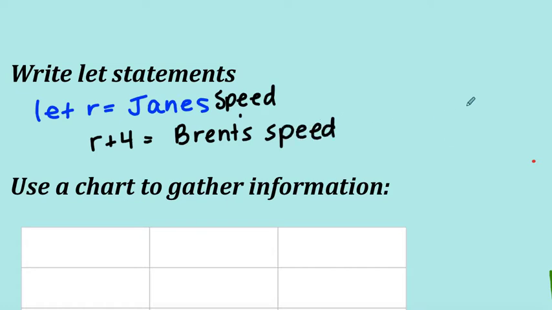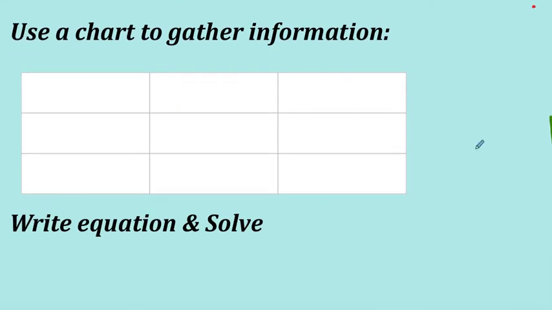Okay, now we're going to gather all our information in our chart. Now, we've done this before, so we know our formula is D equals R times T. All right, now we've got to fill in what we have. So I'm going to put Jane here and Brent here. I'm going to label my chart. Jane's speed was R, and Brent's speed was R plus 4.